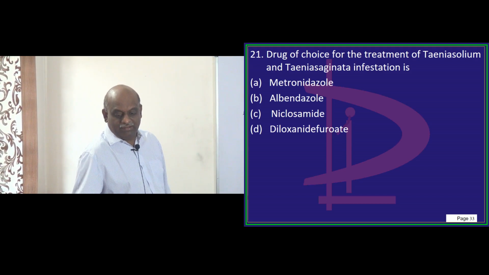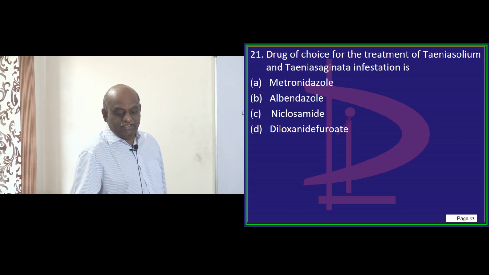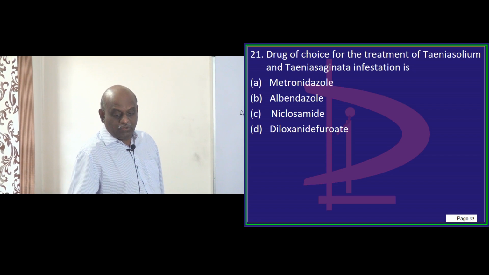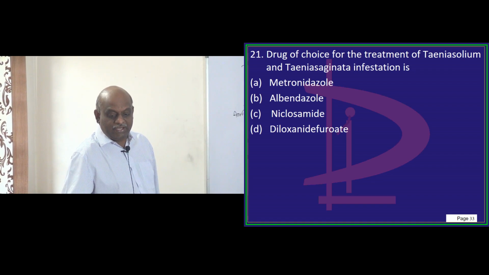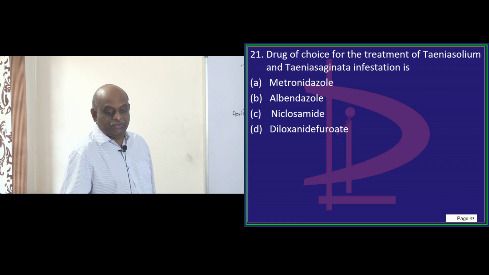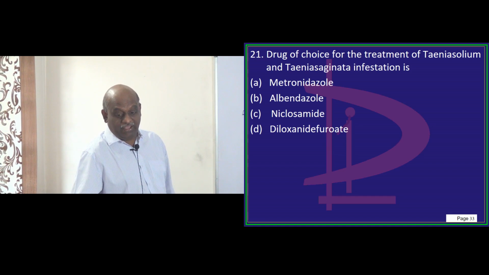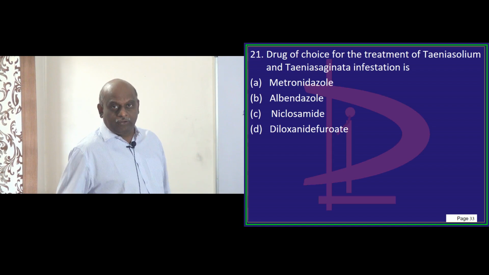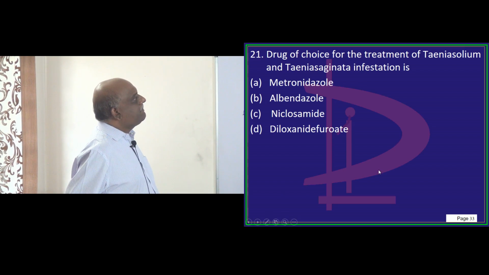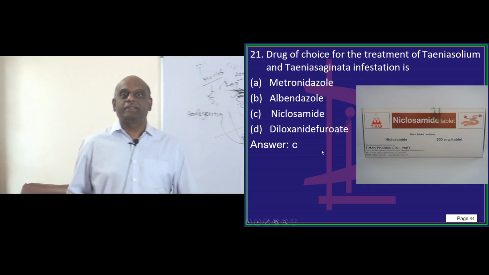Question number 21. Let me see how good you are. Ravi thinks it is niclosamide. Rituraj, Vipul are thinking B, Abhishek, Vyas also, Roshan, Yadav also. But Upen, Ravi, super dupero. It is niclosamide, doctor, niclosamide.